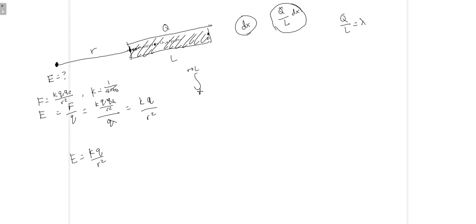And then what is the distance to the point here? It would be r plus x. So if we rewrite this, the charge is q over L dx, and the distance is r plus x squared.